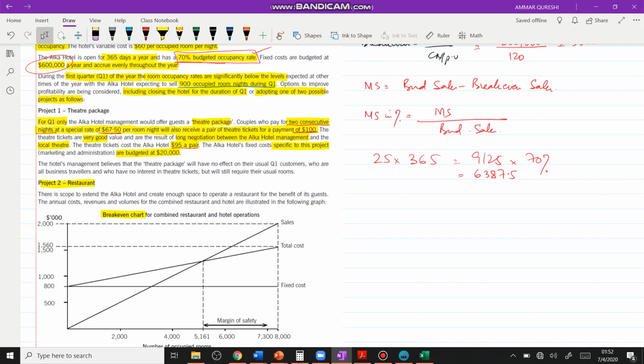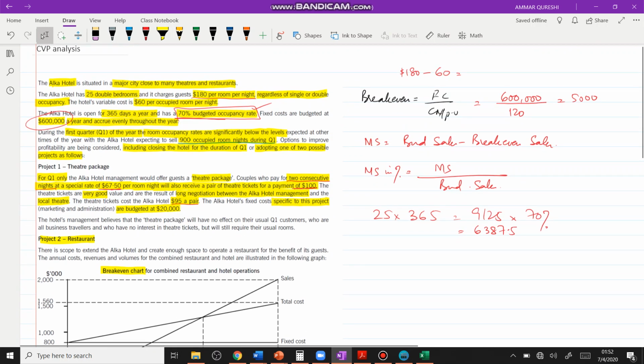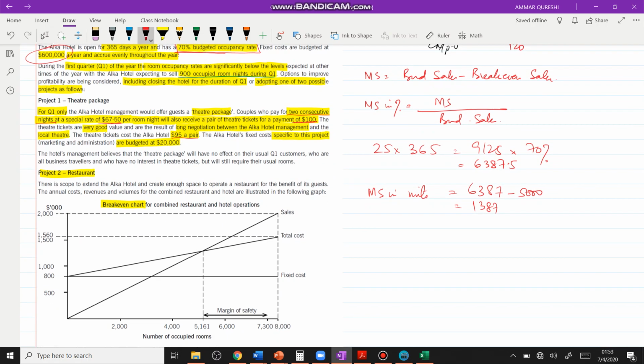Is this over and above the break-even sales? Yes, this is more than the break-even sales. Break-even was 5,000, right? So margin of safety in units is equal to 6,387.5, let's make it 6,387, minus 5,000. So that is 1,387. This is the margin of safety in units.